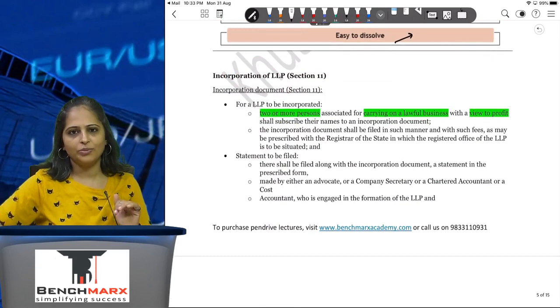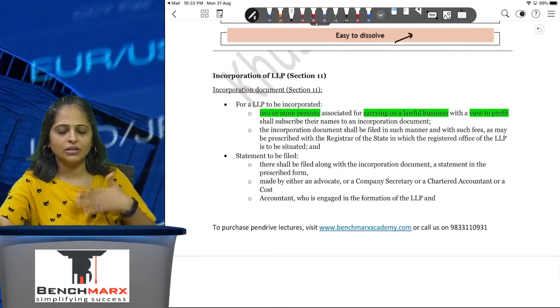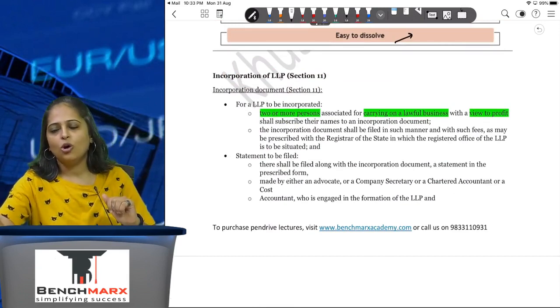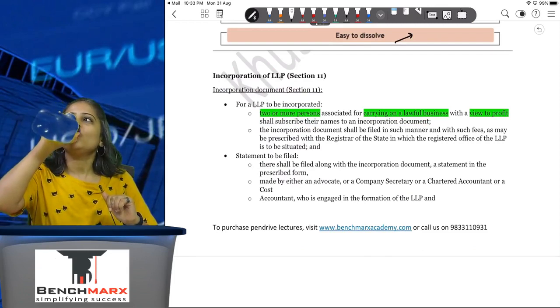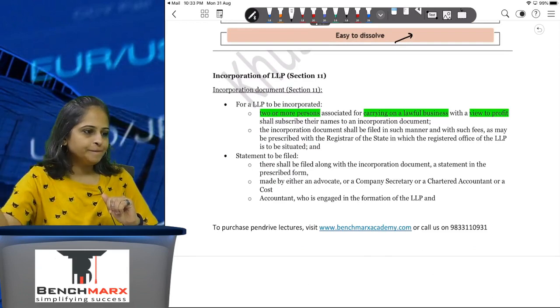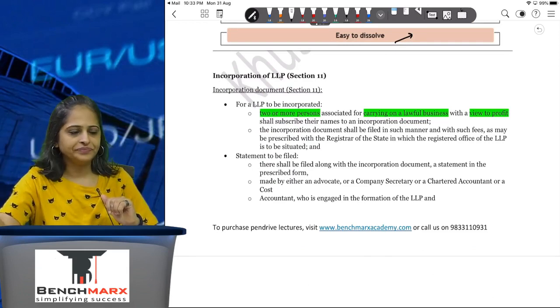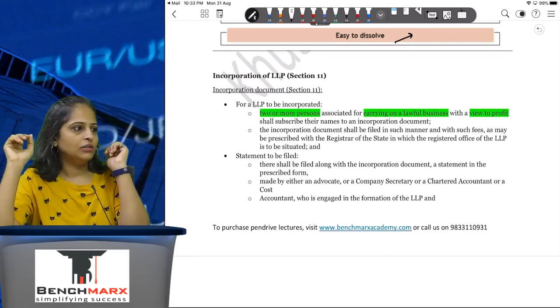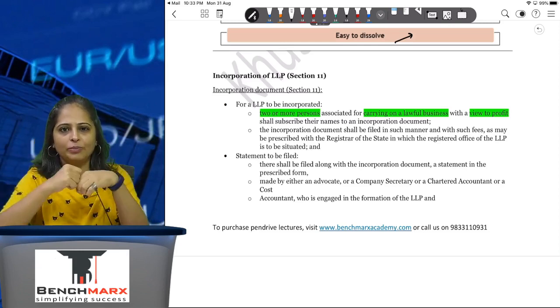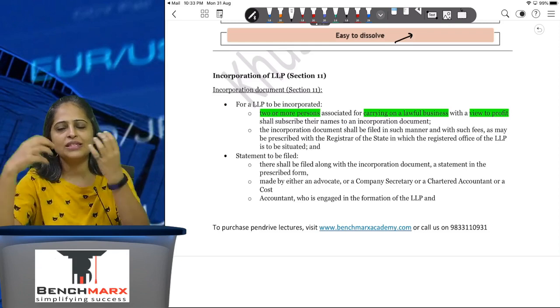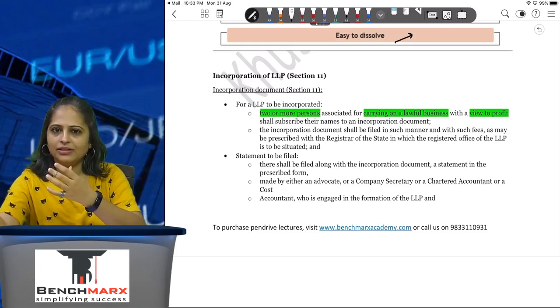Now coming to incorporation of an LLP, which is covered under section 11 of the LLP Act. If I have to incorporate the LLP, there are certain documents which I need to file with the registrar of LLP in the form as may be prescribed.